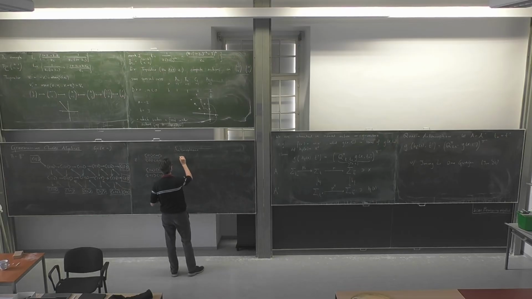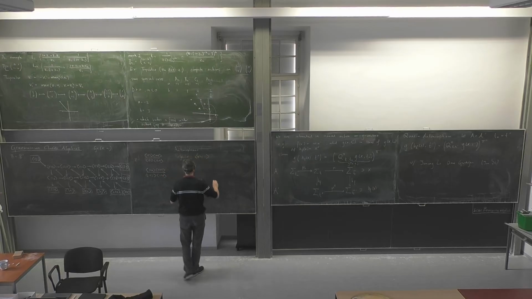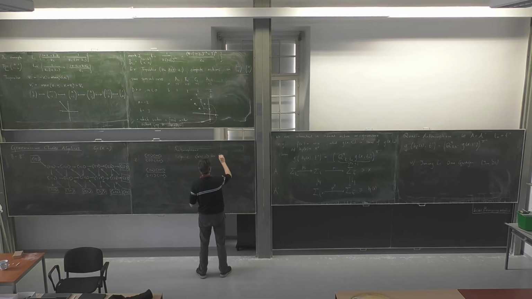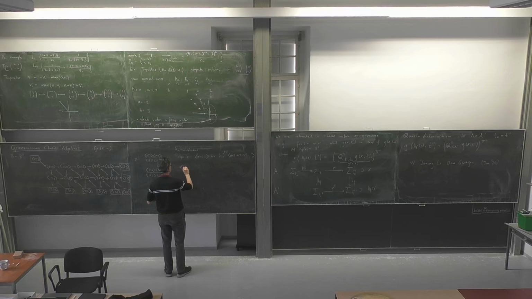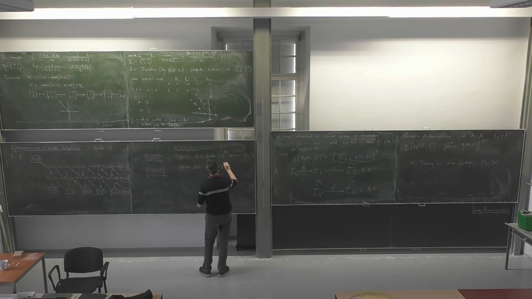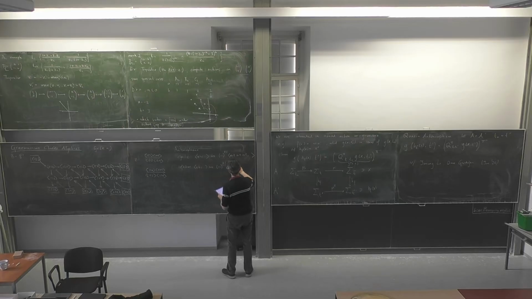If I have the minor A, B, C, whatever it is, if I'm doing general K, this will map to, I have to worry about some sign, then A plus 1, B plus 1, C plus 1, and so on. There's a reflection. So A, B, C, and so on maps to, again, there's some sign I have to worry about, and then I flip the order and I do n minus C, n minus B, n minus A.